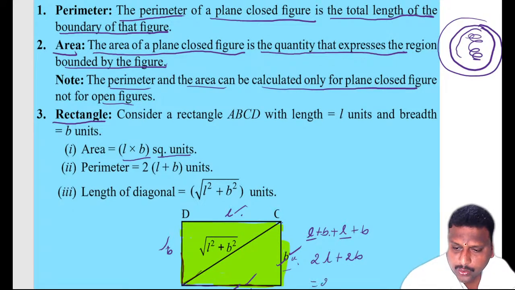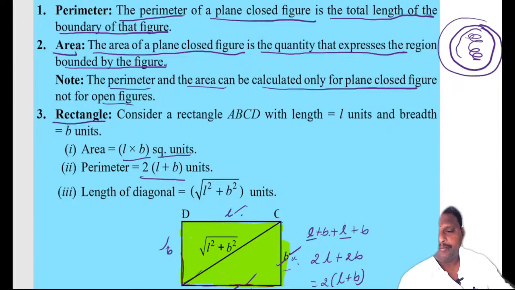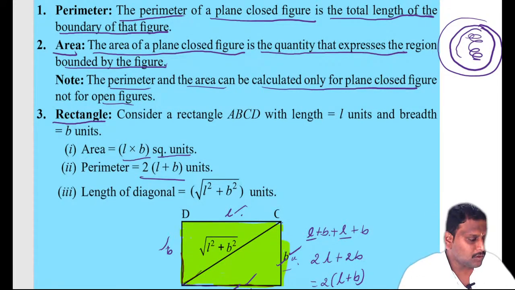If I take 2 as common, 2 of L plus B. This is the perimeter of a rectangle. Perimeter of a rectangle is equal to 2 of L plus B. Is it clear?